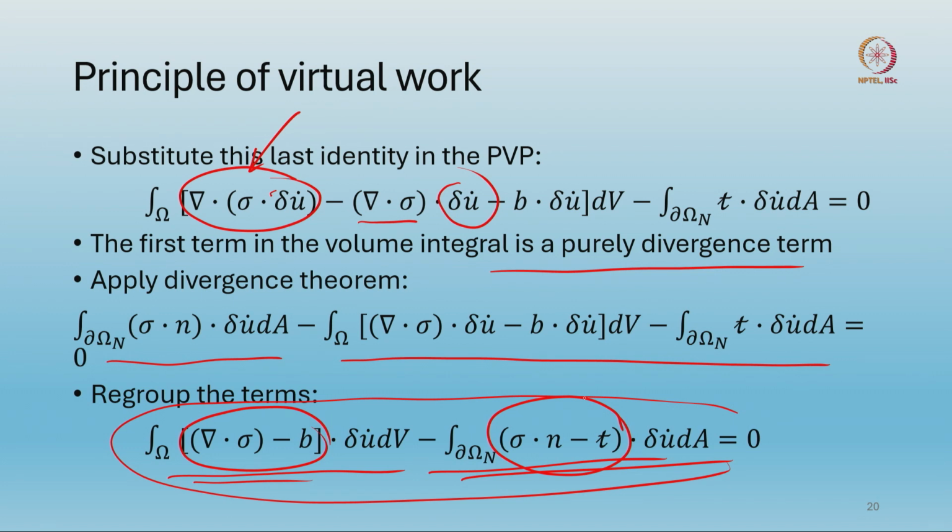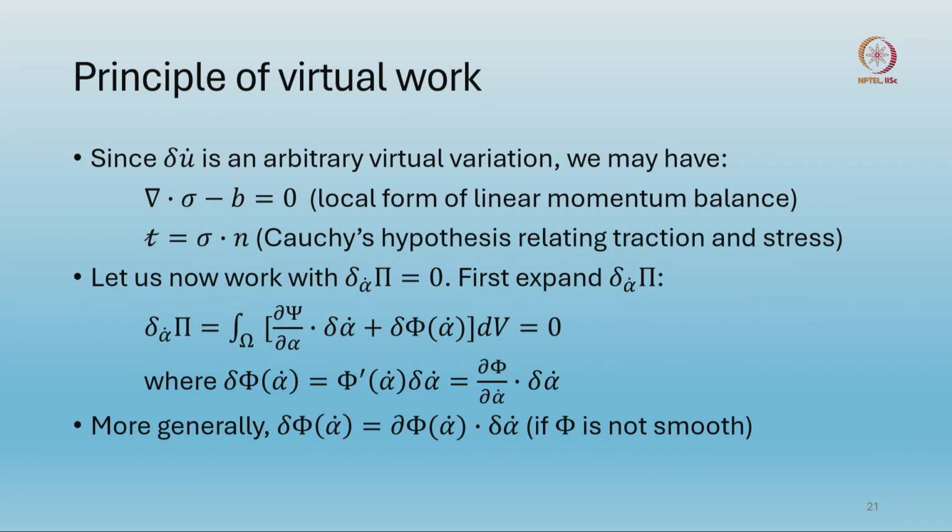What does it mean? We basically come to a very obvious thing that we know. The first one gives you the divergence of sigma equal to B. This equation is known to you. This is Cauchy's equation for the local form of the linear momentum balance. From the boundary term you get the traction given by sigma dot n.